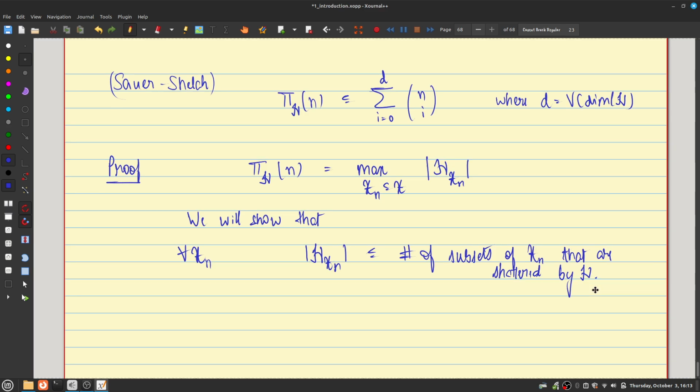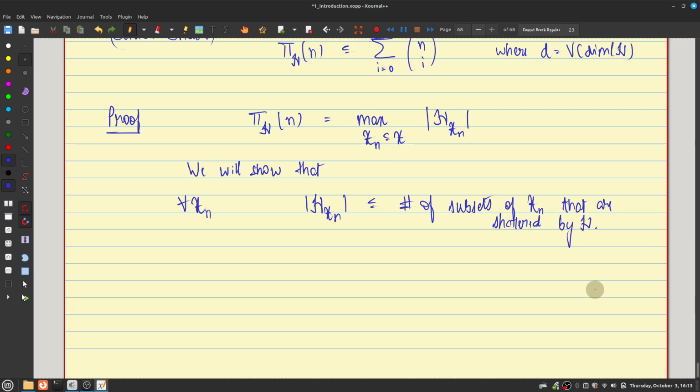In other words, the size of the restriction is 2 to the power the size of the set. So this is the number of subsets of X_n which are shattered by H.